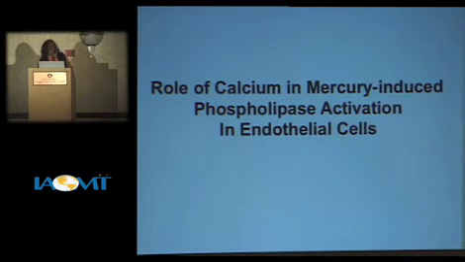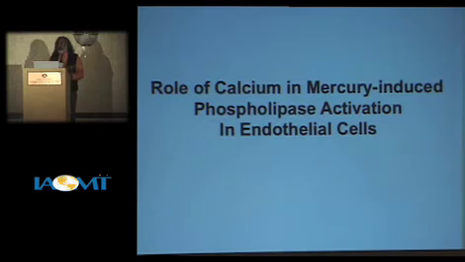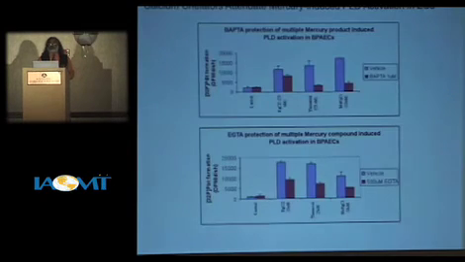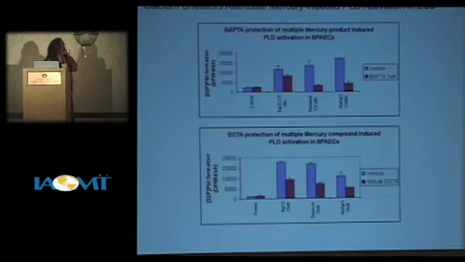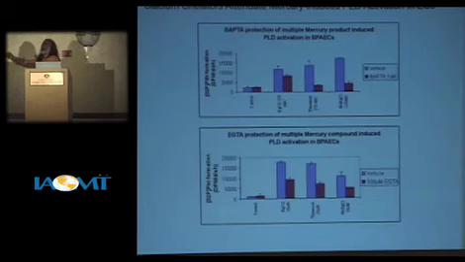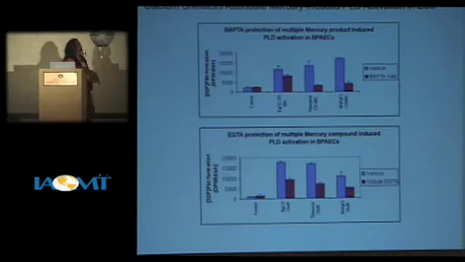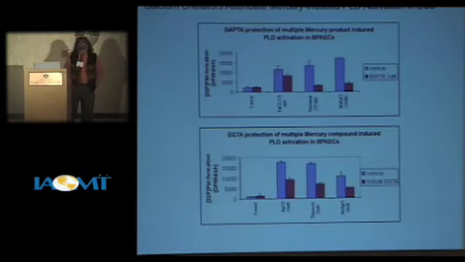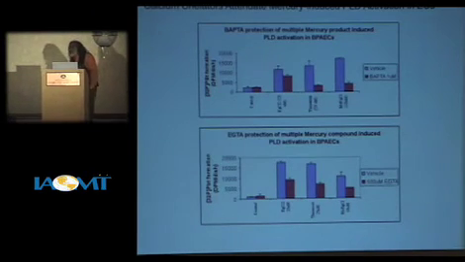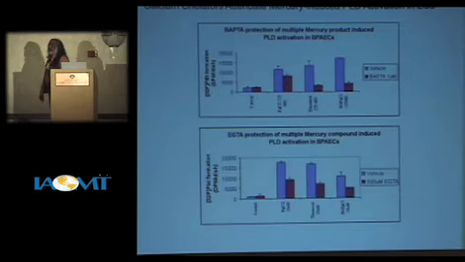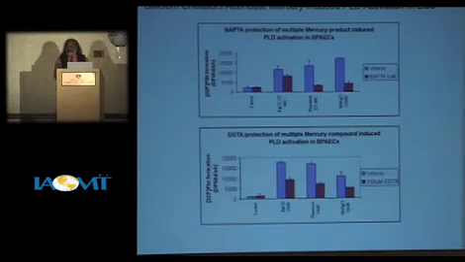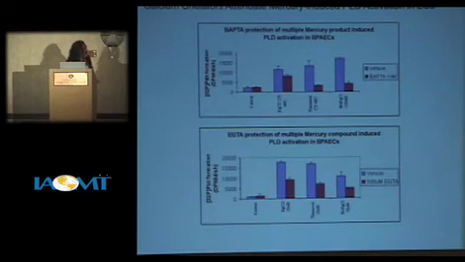Based on that, we wanted to look at whether calcium is also altered by mercury during activation of phospholipase D. One thing is, calcium is extracellular, and calcium is intracellular. The extracellular calcium is quenched by a chelating agent called EGTA. EGTA does not get inside the cell, it only quenches the calcium outside.